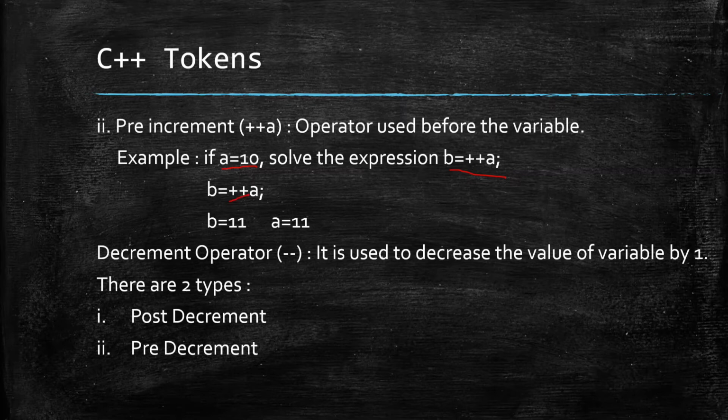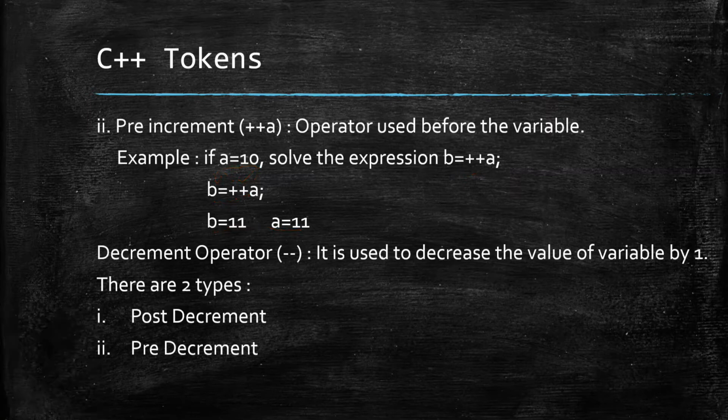So first I must increment and then I must assign the value. So you'll directly increase the value and you'll assign for both a and b as 11. So here I'm having 10. Plus plus is increment by 1. So first I'll increment the value and then I'll be assigning it to b. That's all is your pre-increment. Fine.